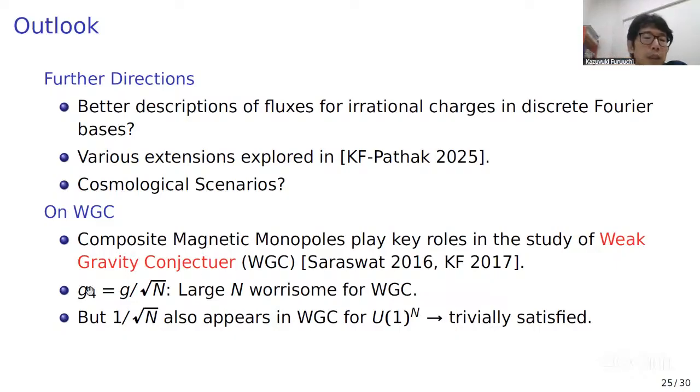And on a little more formal side, there's something called the weak gravity conjecture from the string theory swampland program. This is basically saying gravity is the weakest force. In this model, the four-dimensional gauge coupling is divided by the square root of n, so you get a very small four-dimensional gauge coupling as n goes to large, and at first sight it's a little bit worrisome for the weak gravity conjecture, the gauge force becoming weaker and weaker.